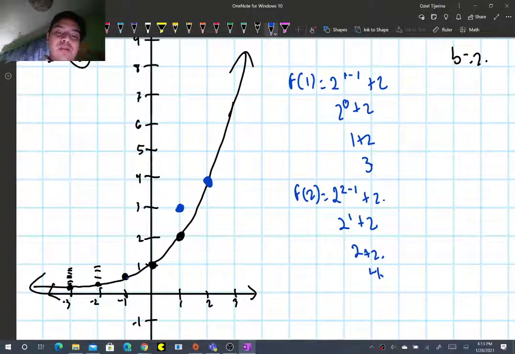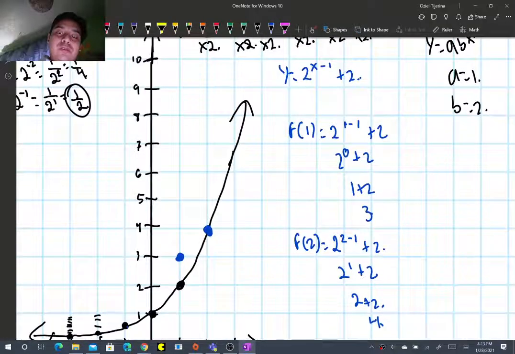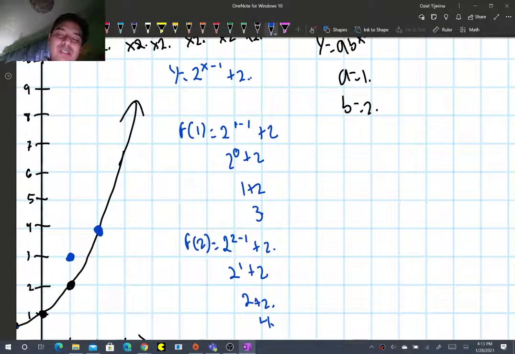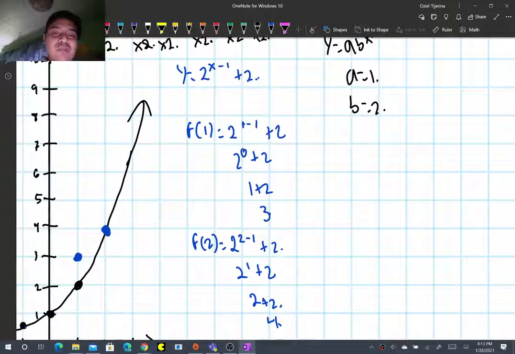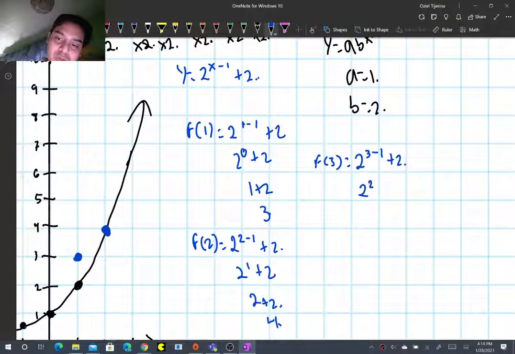And then for 3, you can do it, but it would probably go off the graph, or actually no, it wouldn't. If you do f of 3, you can say 2 to the 3 minus 1 plus 2, which is 2 squared plus 2, which is 4 plus 2, which is 6.